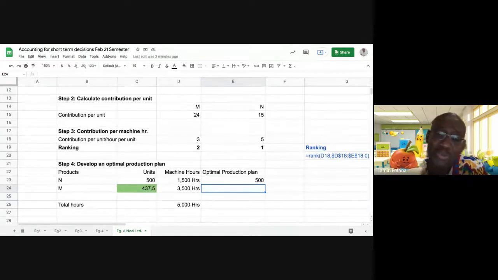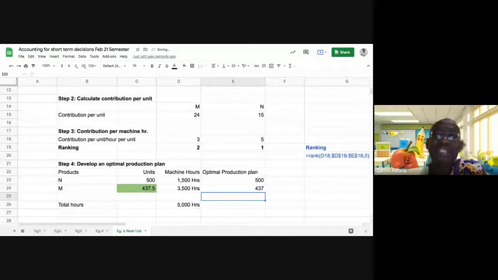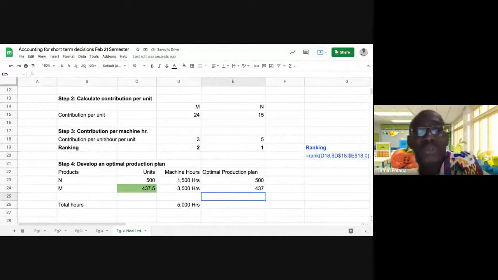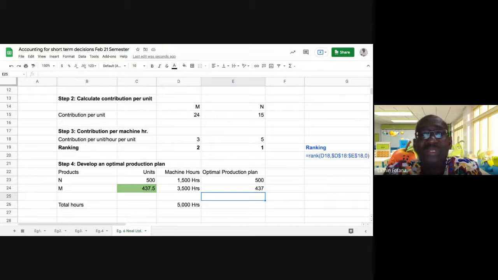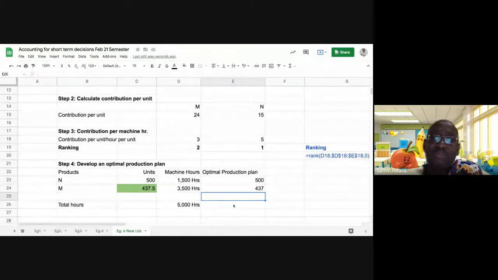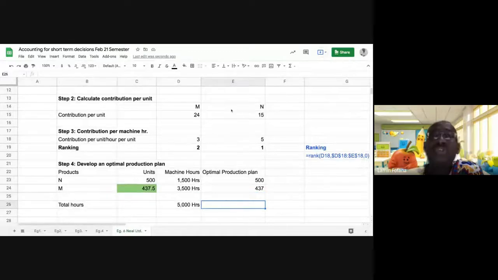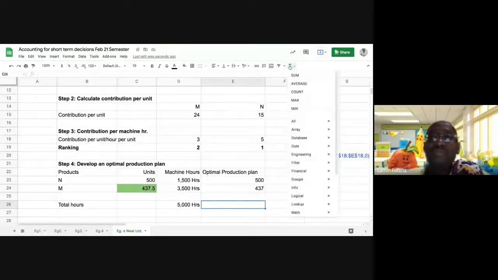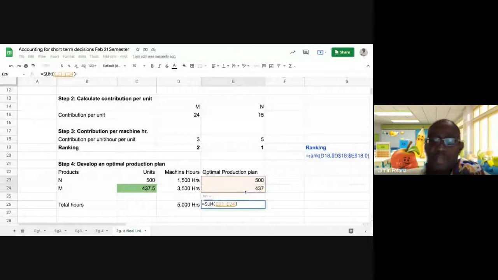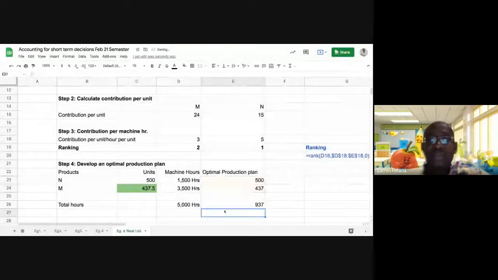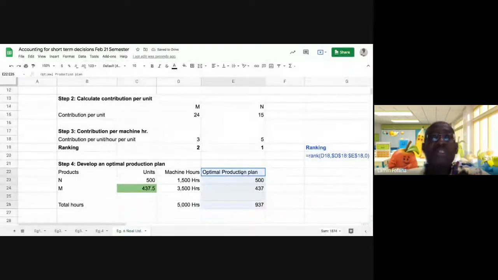So the very intelligent way of answering is to produce only 437. You cannot produce half, neither can you round it up. So our optimal production plan will be to produce this, which is a total of 937 products.